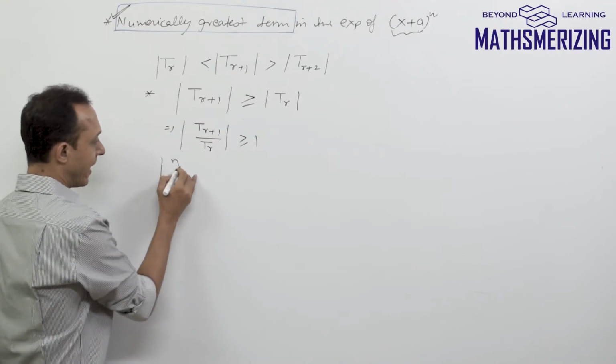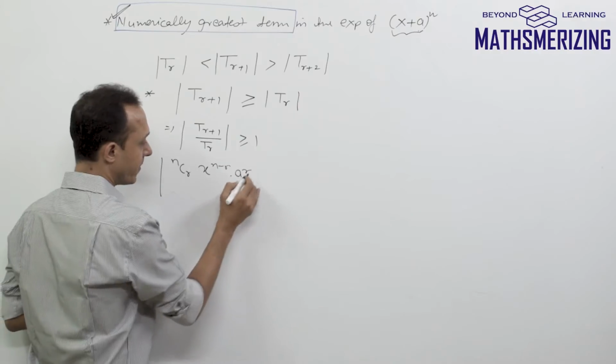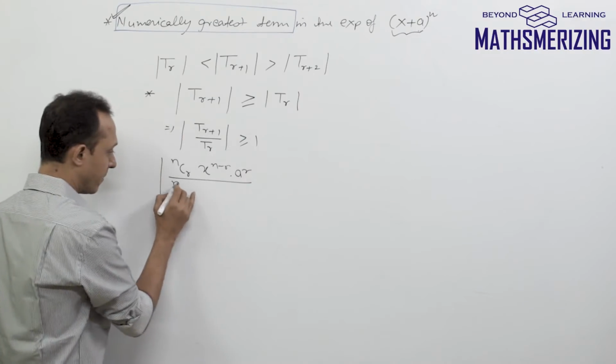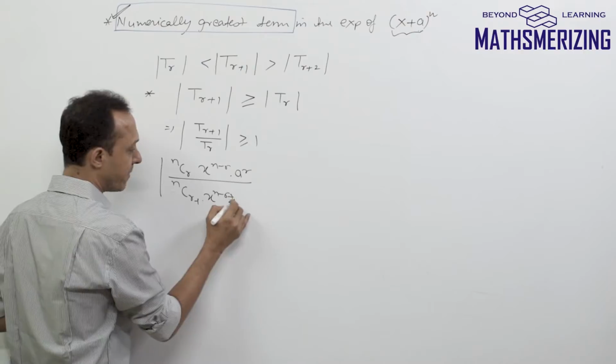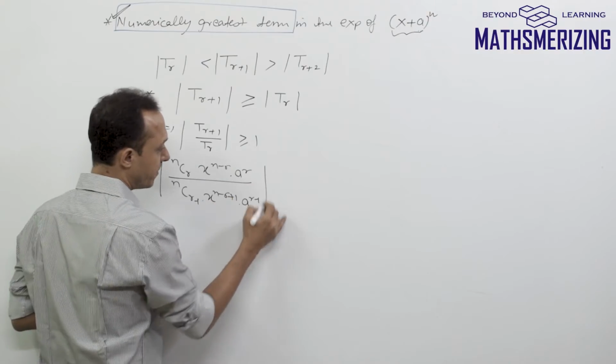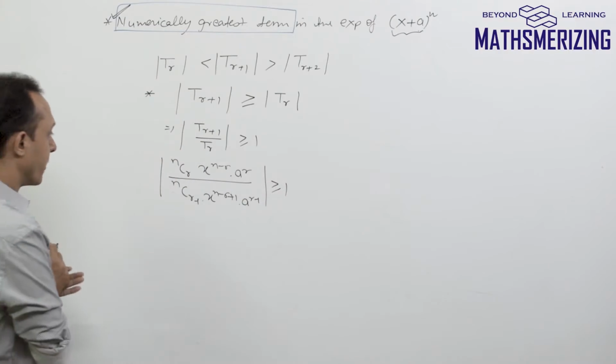So it will be nCr x to the power n minus r, a to the power r, and here it will be nC(r minus 1) x to the power n minus r plus 1, a to the power r minus 1, and it should be greater than or equal to 1.